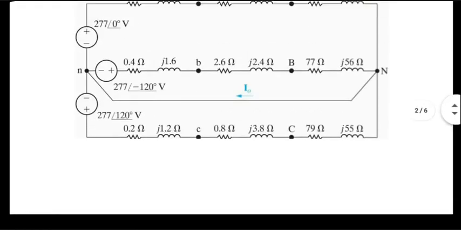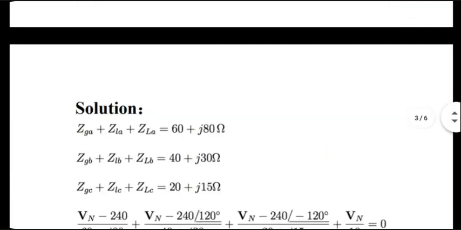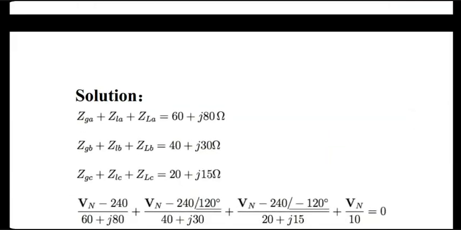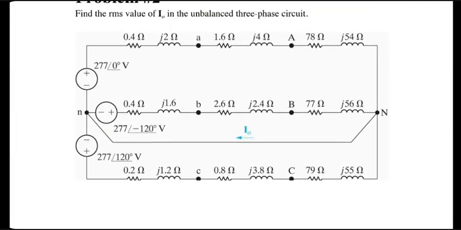VN, oh yeah, actually these are peak values. I think 277 is surprising. VN minus 240.